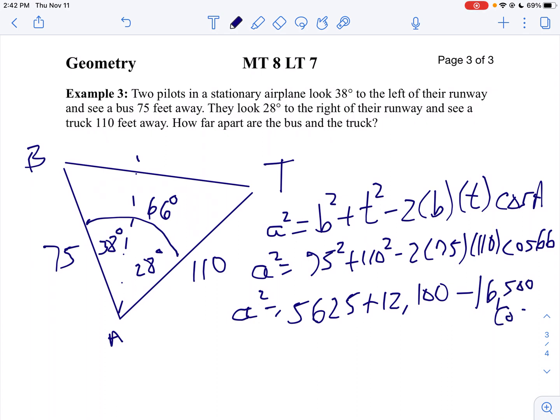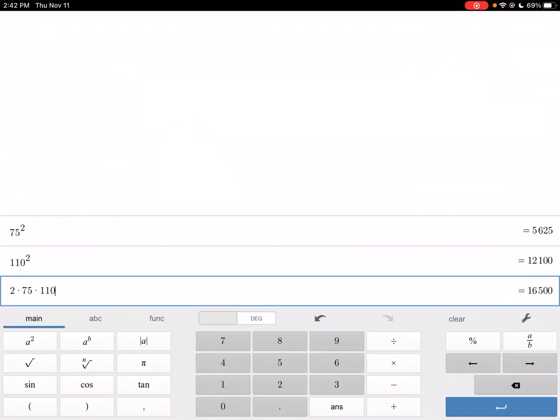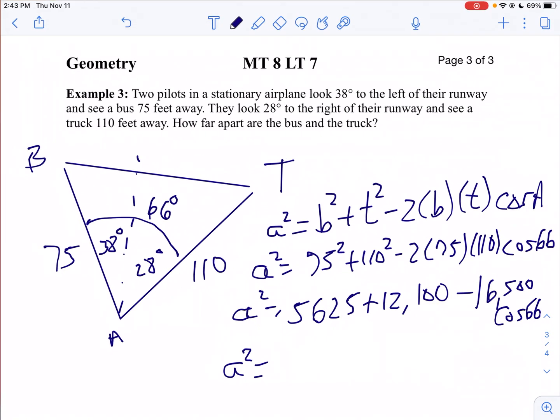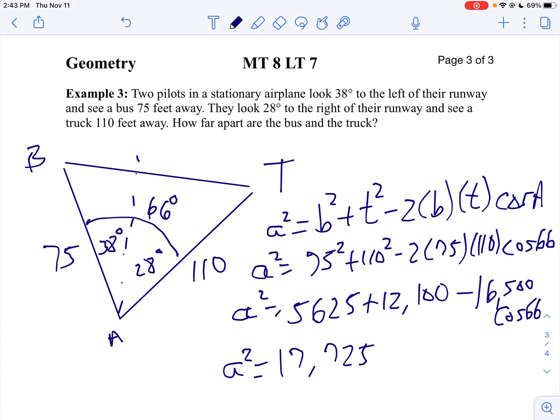I ran out of room there, times the cosine of 66. Well, I can combine my two numbers. So 5625 plus 12,100, and we get 17,725. We get kind of big numbers here, don't we? So 17,725 minus 16,500 times the cosine of 66.